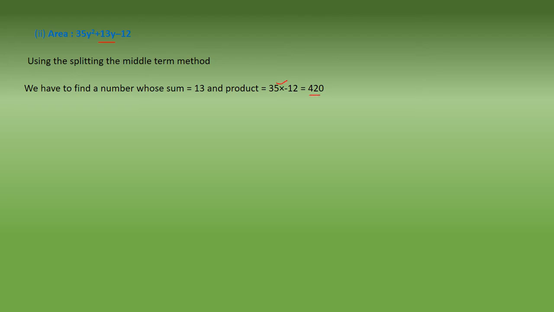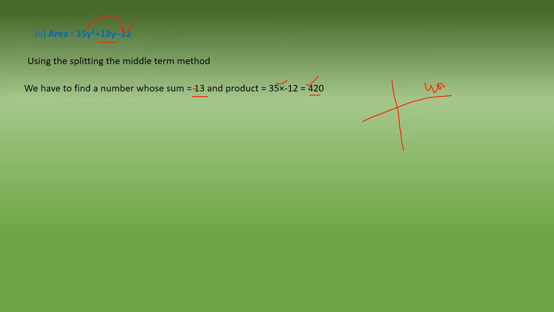We have to multiply this with this. What we get? We get 420. So factorize this 420 and get the possible numbers that on addition give minus 13, and whose product must be 420.